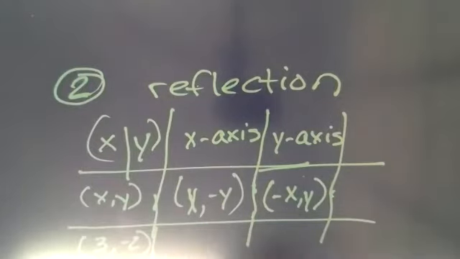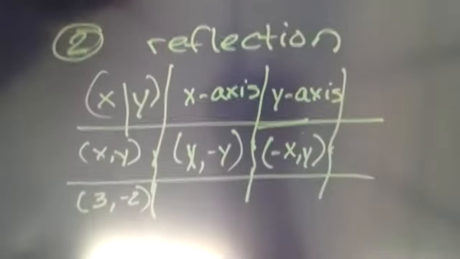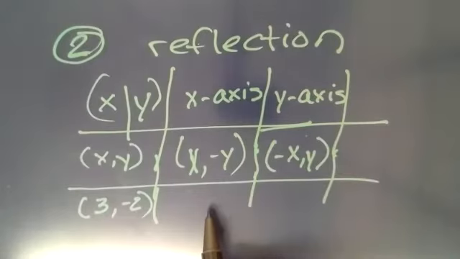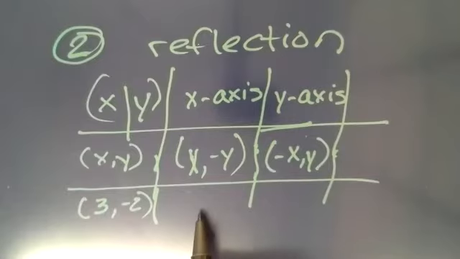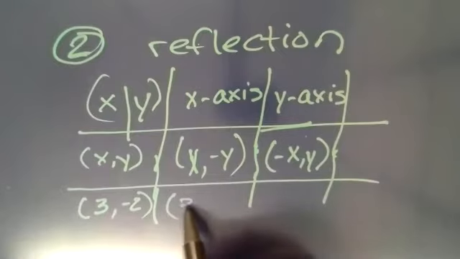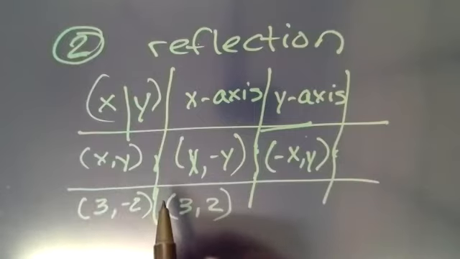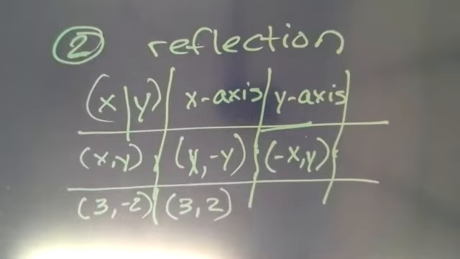The coordinate is 3, negative 2, and it's reflected over the x-axis. Your new coordinate will be what, guys? 3 comma 2. There you go. So you need to understand this part right here. This is for question number 2.